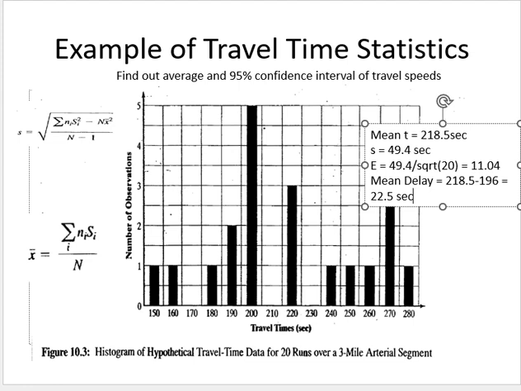The mean running time was given in the previous question. The mean travel time we calculated in this question. So you take the difference, the delay is 22.5 minutes.